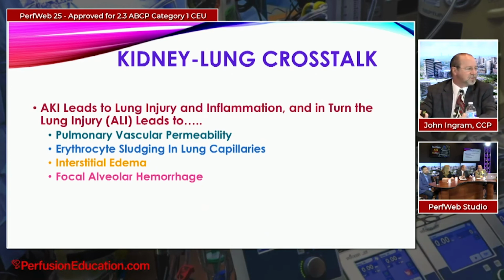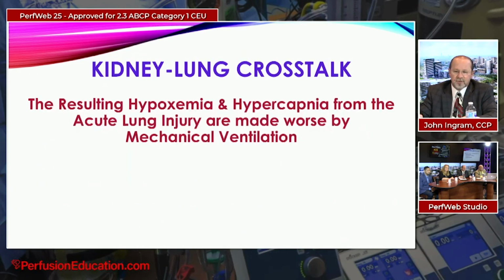What do you always find most of the time when you do a bronch? You find blood clots. Your lung injury, most of the time, is going to have sludging of the erythrocytes and bleeding inside the alveoli, and inflammatory cell infiltration. So the resulting hypoxemia and hypercapnia from the acute lung injury are then made worse by mechanical ventilation.